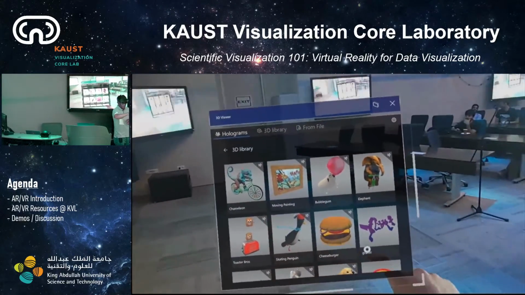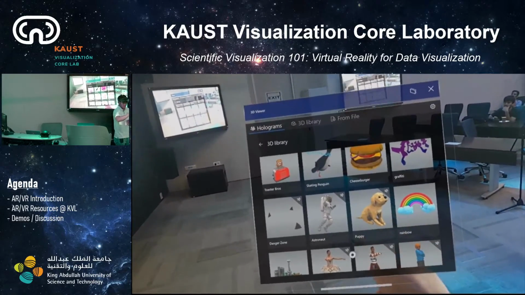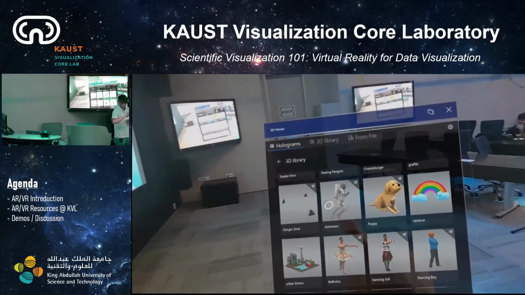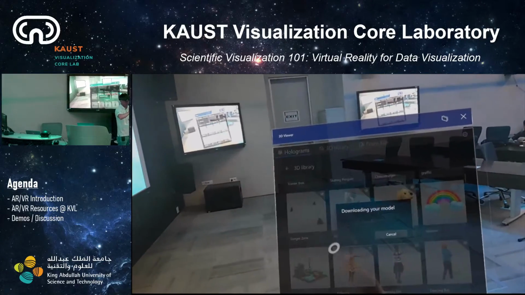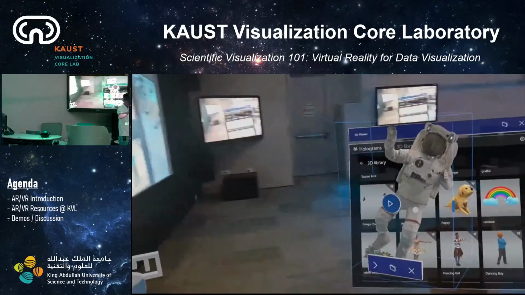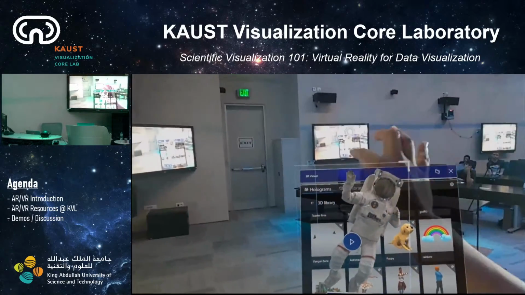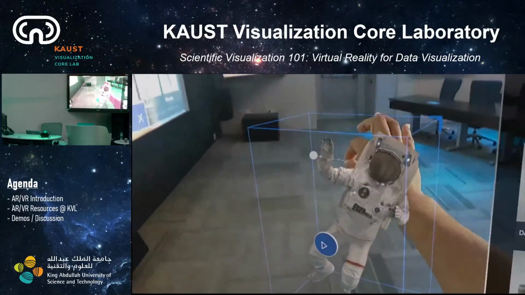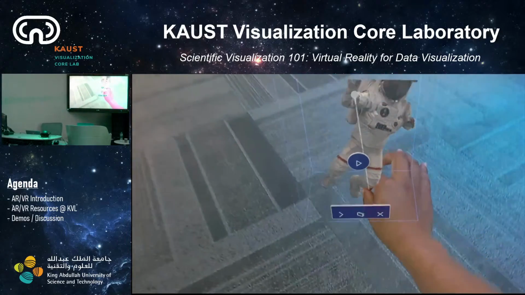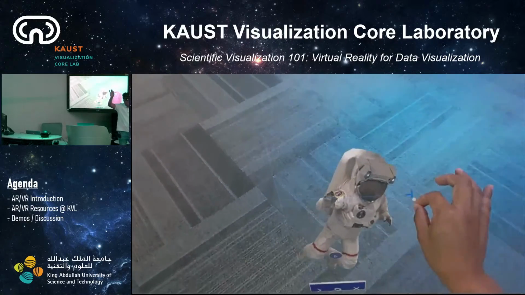But these virtual humans are amazing. The astronaut. You see it, right? Okay. So I have the astronaut right now. And I'm going to put this guy here. Looks funny. But now I'm going to make him life-size.